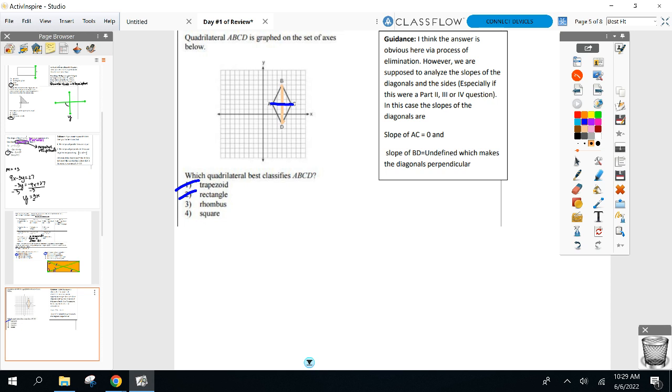Now we're into rhombus and a square. What type of angles does a square have in it? Right angles. Do those look like right angles to us? Can't be a square. Square has right angles. So therefore, just by knowing something about the diagonals, I could tell you it's a rhombus. Okay, so think about the diagonals if you're trying to figure out which square, rectangle, rhombus it is.